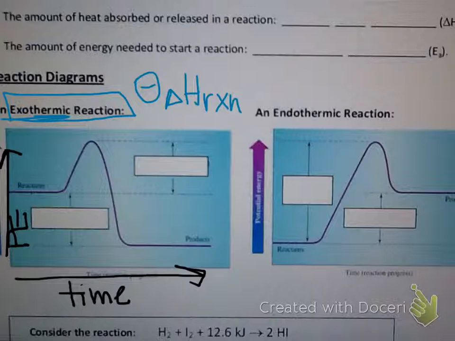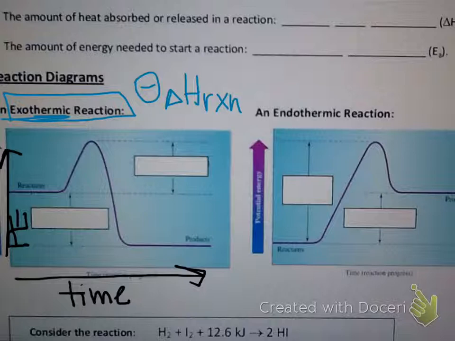It could be hours, like an oxidation experiment in organics sometimes takes hours. It could be years. It could be millions of years, okay? So reactions take different amounts of time. So we're not going to put units on this because this is just a standard chart. But we're basically graphing the energy of the reagents versus time.